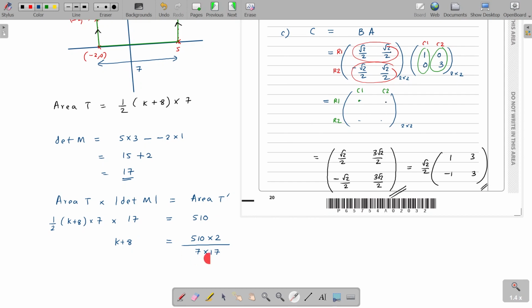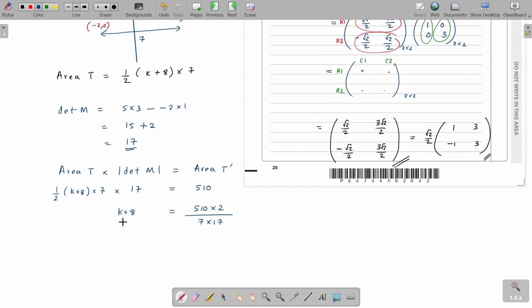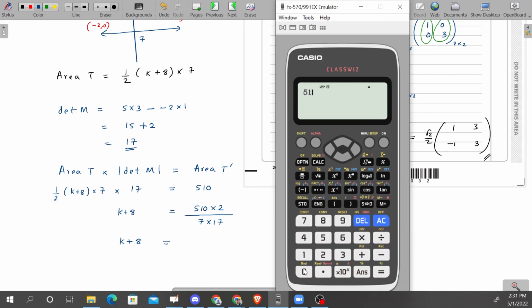How much is k plus 8? Type in the calculator: 510 times 2 over 7 times 17. How much? 60 over 7.